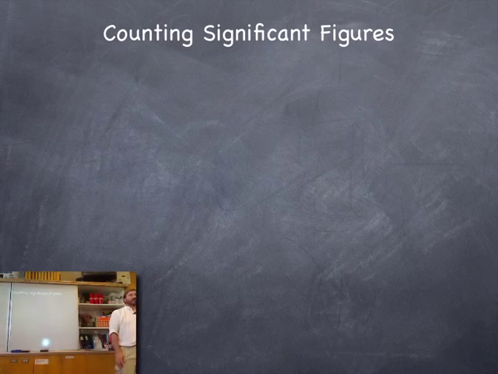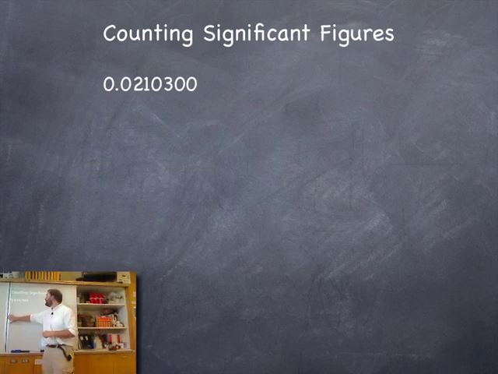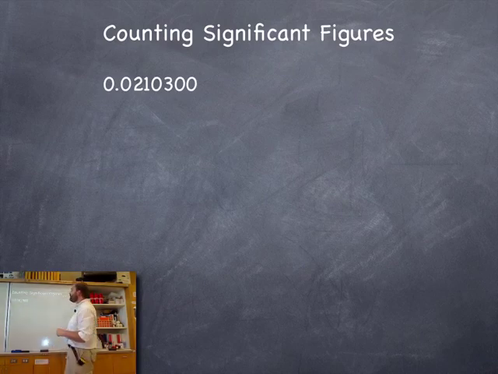To do that, we need to understand what parts of the number we consider significant, that is carrying useful information, and which parts don't. We have to be able to count the significant figures. So, fairly straightforward. There are a few simple rules. Here is a number: 0.0210300.